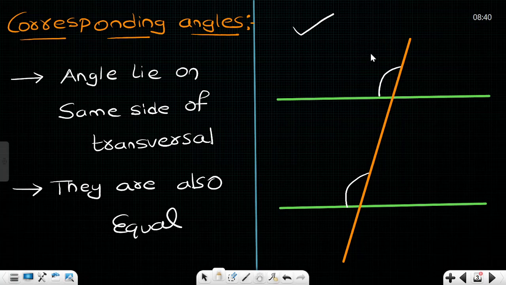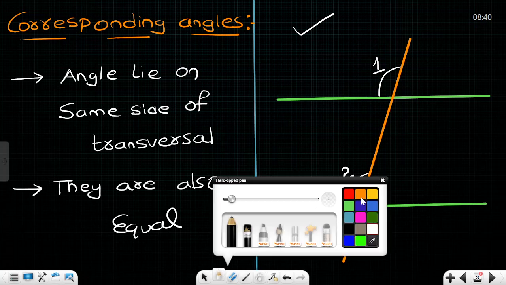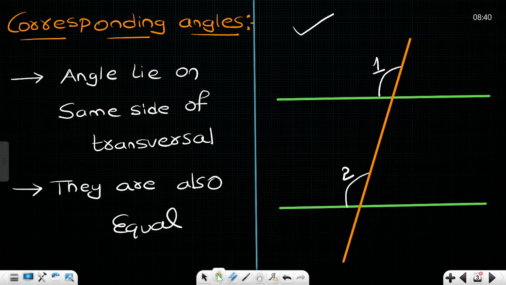Therefore this angle and this angle, let's name them 1 and 2. There is one standard way of putting the numbers. There are also other sets.